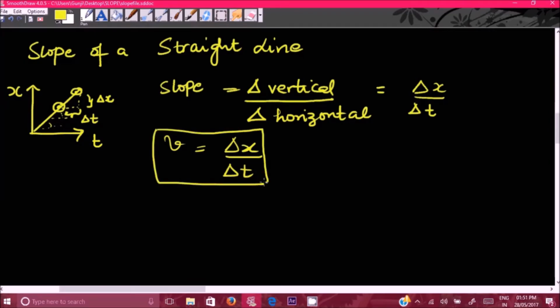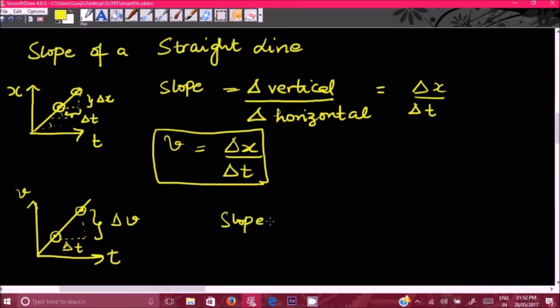Similarly, if we take the graph of velocity versus time, it's a straight line graph, so take any 2 points to find the slope, then find the change. This is a change in the vertical direction and this is a change in the horizontal direction. So slope equals delta v by delta t.